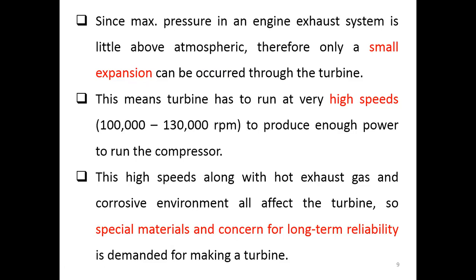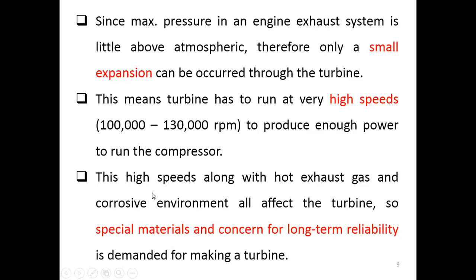Look at the number: 100,000 or 130,000 RPM, compared with the engine speed of about 2,000 or 3,000 RPM. It's much, much higher because of the small expansion that can occur in the turbine. They need to run at this high speed to produce enough power to run the compressor. Without the higher speed, there will not be enough power to run the compressor.